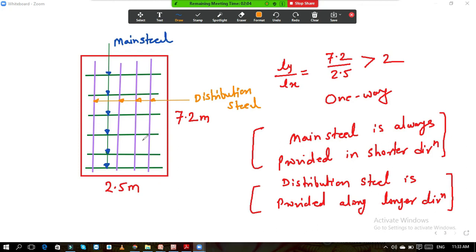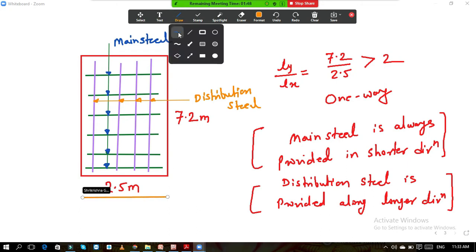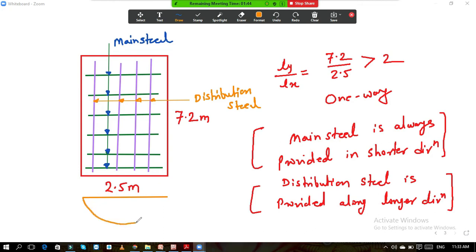Now why is it provided like that? So the answer behind that is the deflection. Now if I draw the deflection diagram along this shorter line, the deflection along the shorter span is in this way.